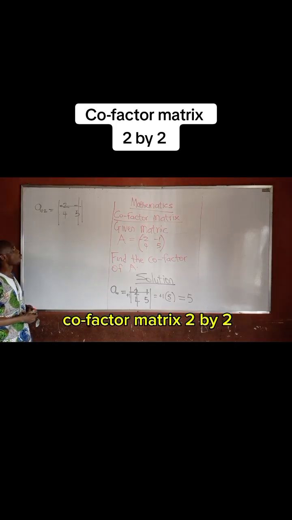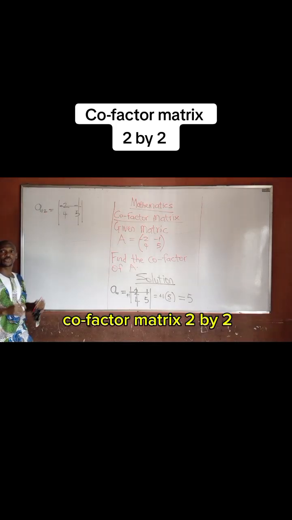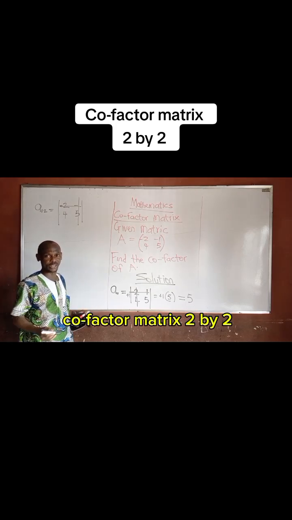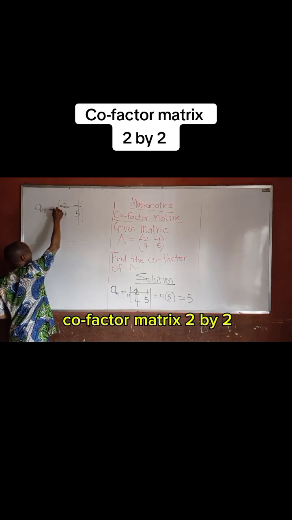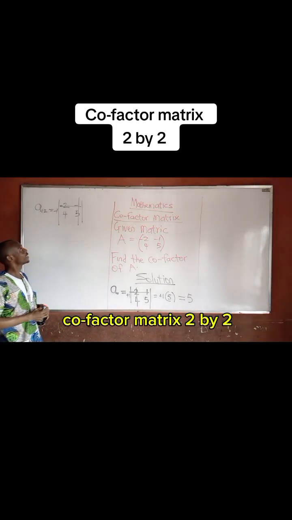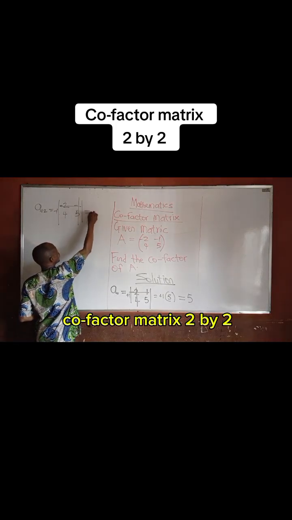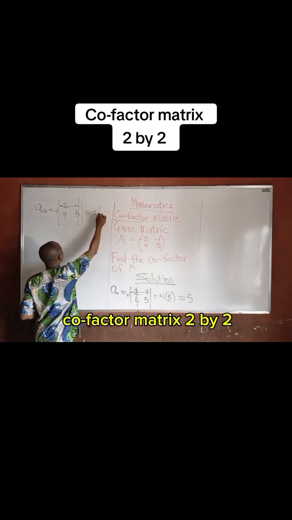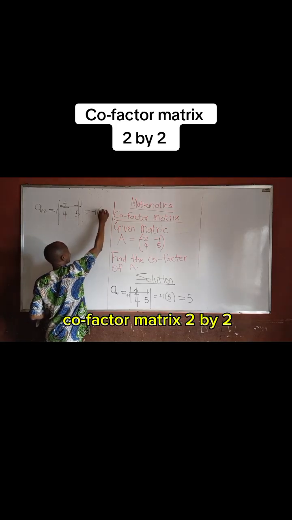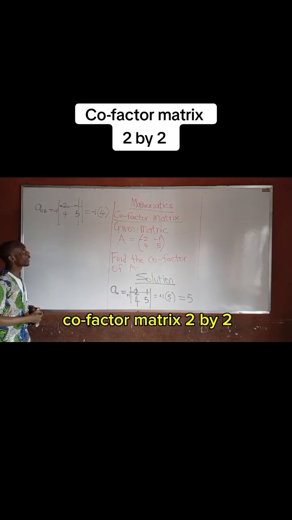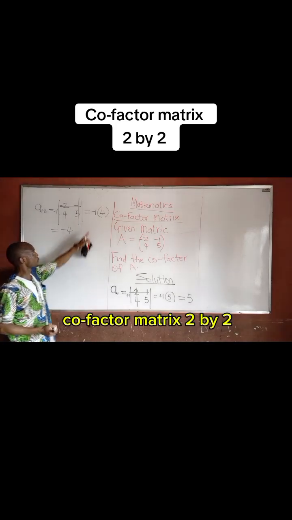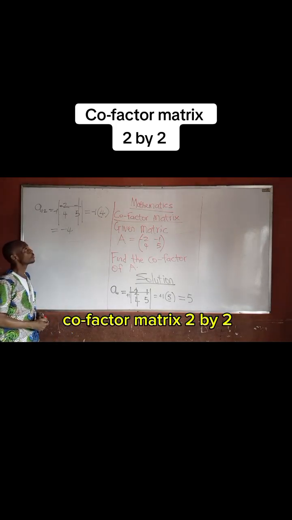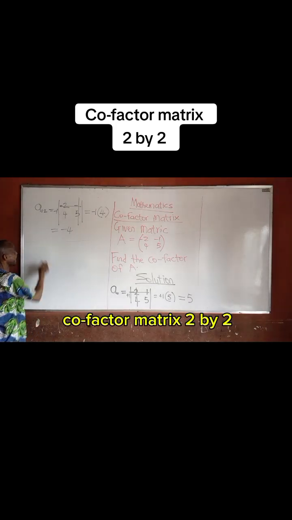So when you close row 1 and column 2, 1 plus 2 gives us 3. And because 3 is an odd number, we'll be using minus 1 to multiply. So we now have minus 1 bracket. What is left here is 4. So our answer will be minus 4.